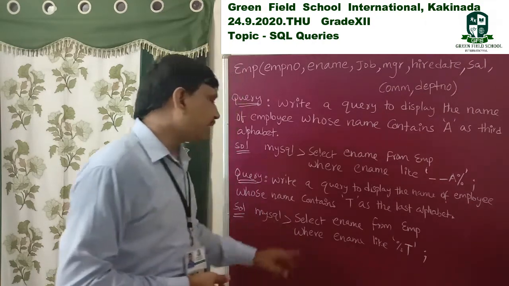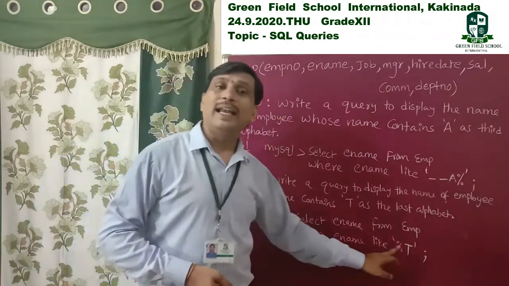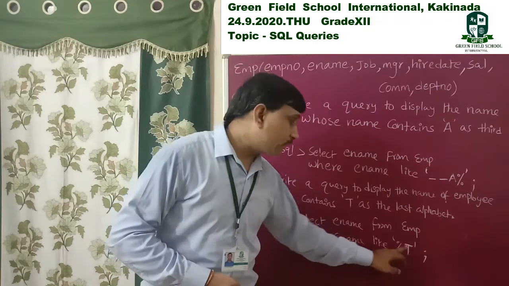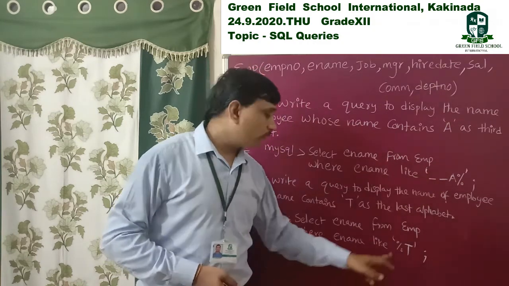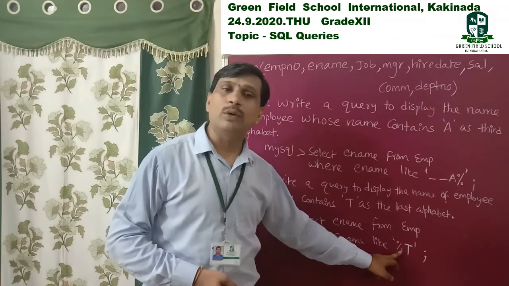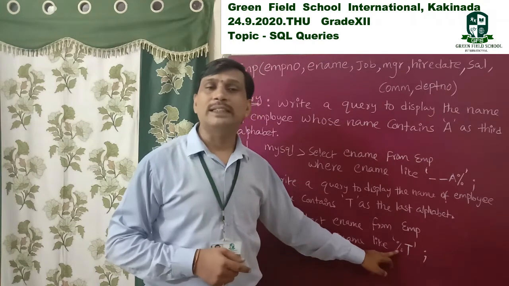That's why we write select ename from EMP where ename like. We specify patterns in single quotes, either using an underscore or percentage symbol.